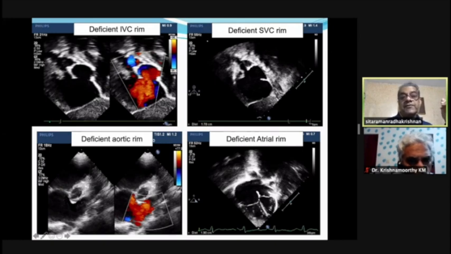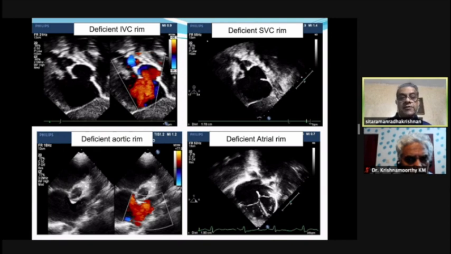IVC rims are deficient, SVC rims are deficient, atrial rims are deficient, aortic rim is deficient. Of course, these are areas of controversy among the interventionalists. Some of them are very brave. They would do device closures for rims which are 3 millimeters. But of course, that comes out of experience.